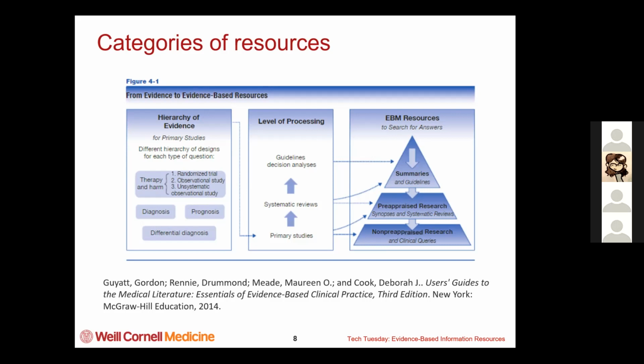Anybody want to offer an example of a source that has pre-appraised research? So one example that we're going to look at today is, yes, very good, Carrie, the Cochrane Library, which we're actually in our live demos. And then at the bottom of the pyramid is non-pre-appraised research. What's an example of a resource that would have non-pre-appraised research? Anybody want to guess? So the example that we're going to be looking at today is Pubmed.